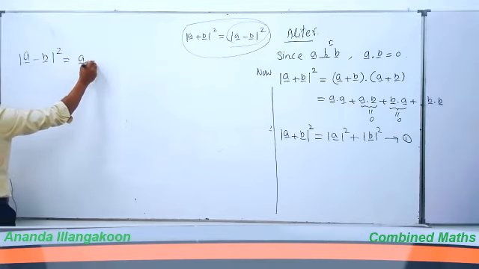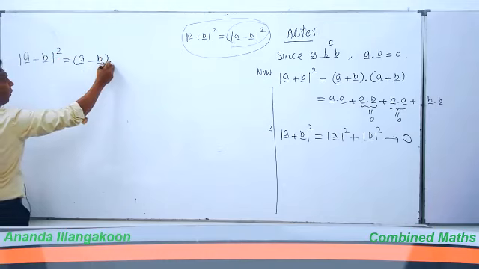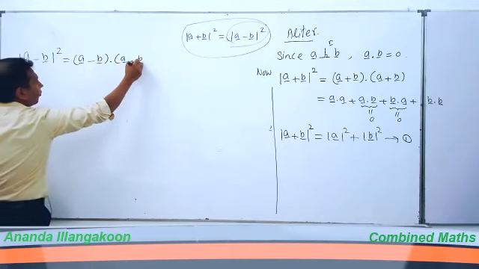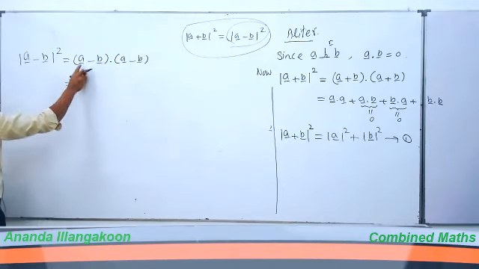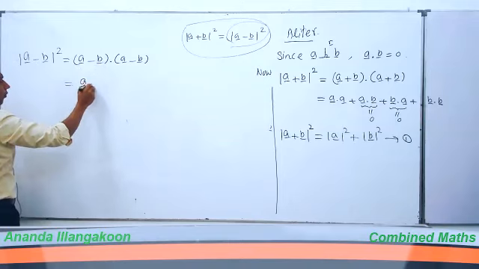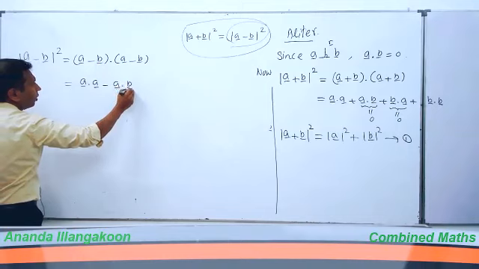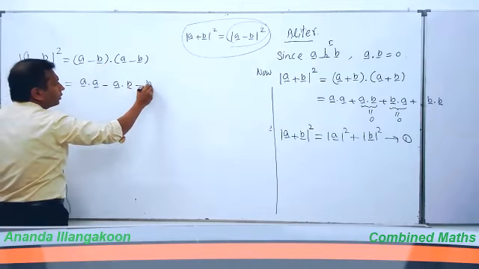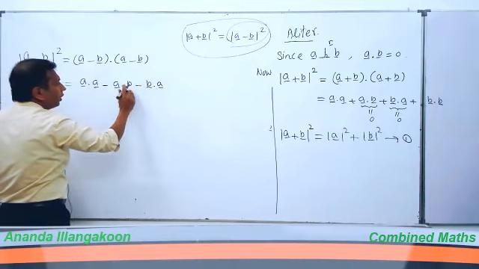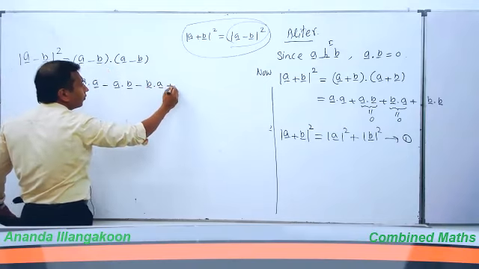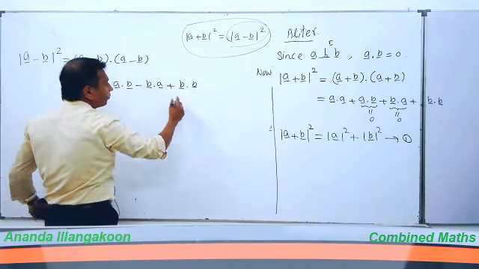How to write this? A minus B dot A minus B. What do you get there? A dot A minus A dot B minus B dot A, minus minus plus B dot B.